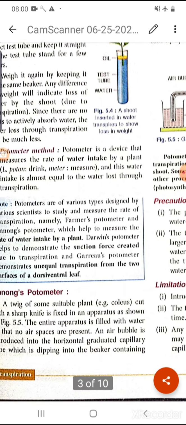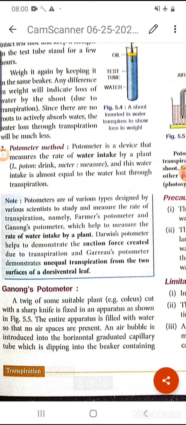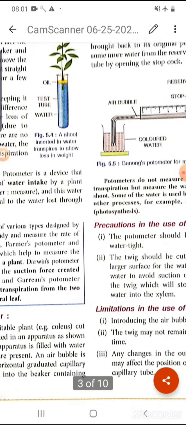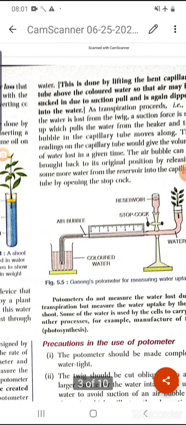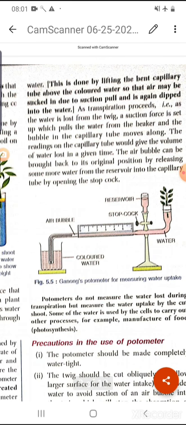The entire apparatus is filled with water so that no air space is present inside. An air bubble is introduced into the horizontal graduated capillary tube, which is dipped into the beaker containing water. Here in this small thin pipe you can see the air bubble.